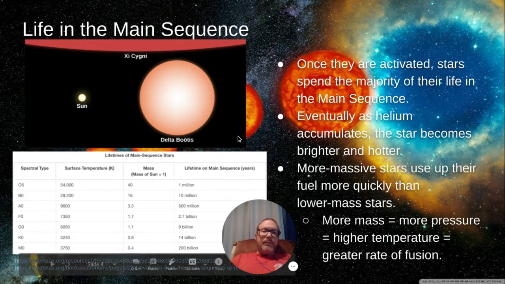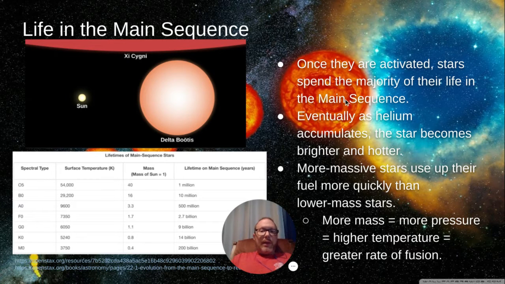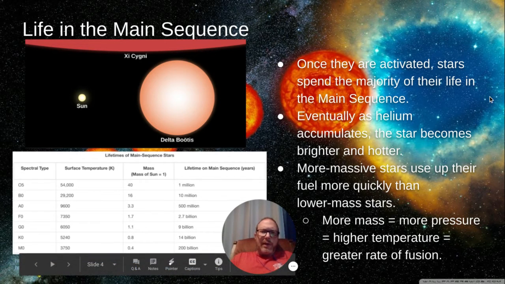Of course, stars will eventually use up their helium reserves, and as they use up their helium reserves, very interesting things start happening. We're going to take a look at the next slide to see that.